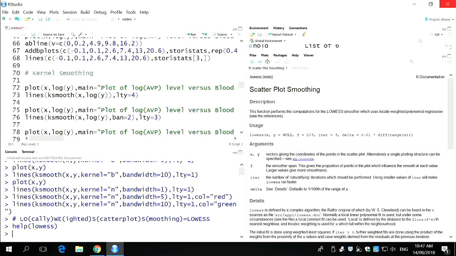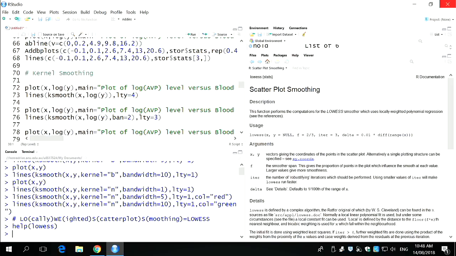It lets the window grow and shrink depending on how sparse the data is in the x direction. So instead of saying width equals and giving it a number, which is the physical width of the window, it uses an option called f equals, which is the proportion of data that's in the window. And the default is 2/3.